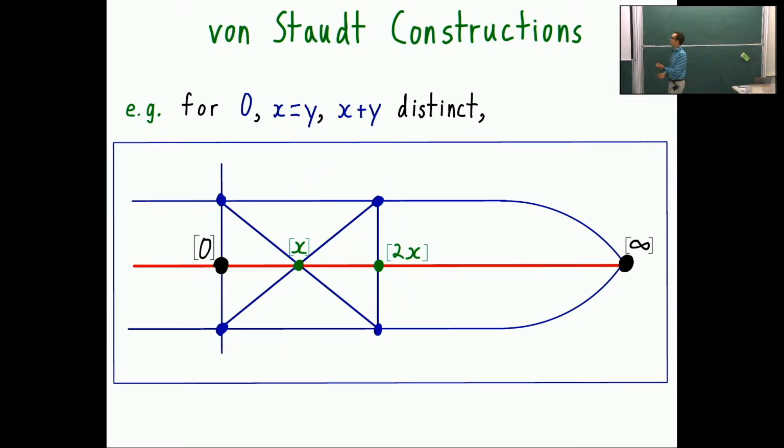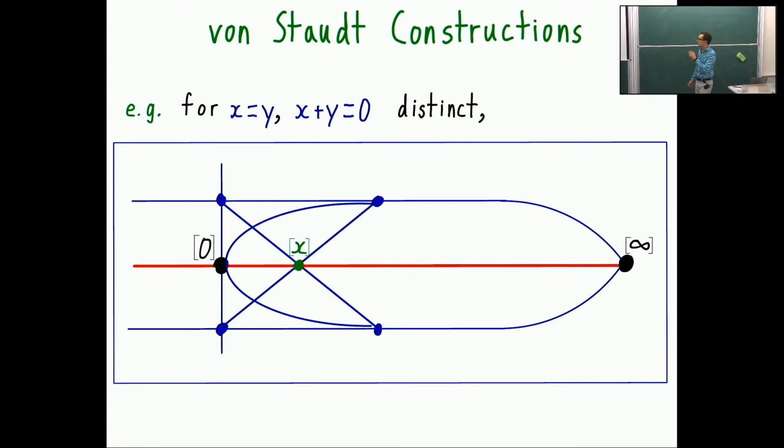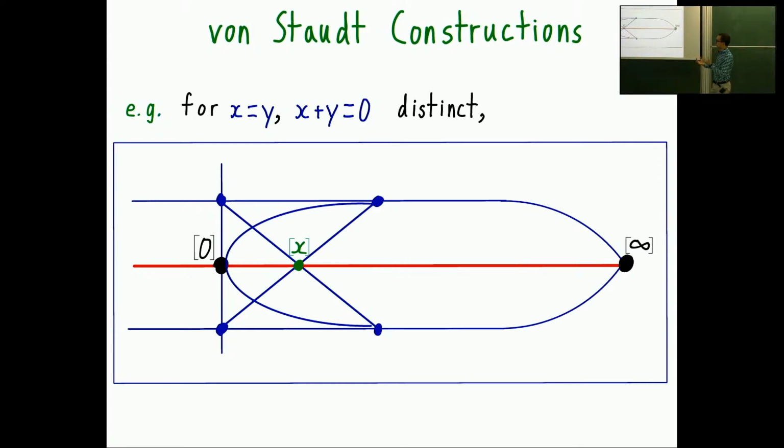And if we have degeneracy, if x equals y, you just have the incidence. And you can even go further and have a further degeneracy where what if x plus x is 0? So this is the matroid that would enforce that condition.